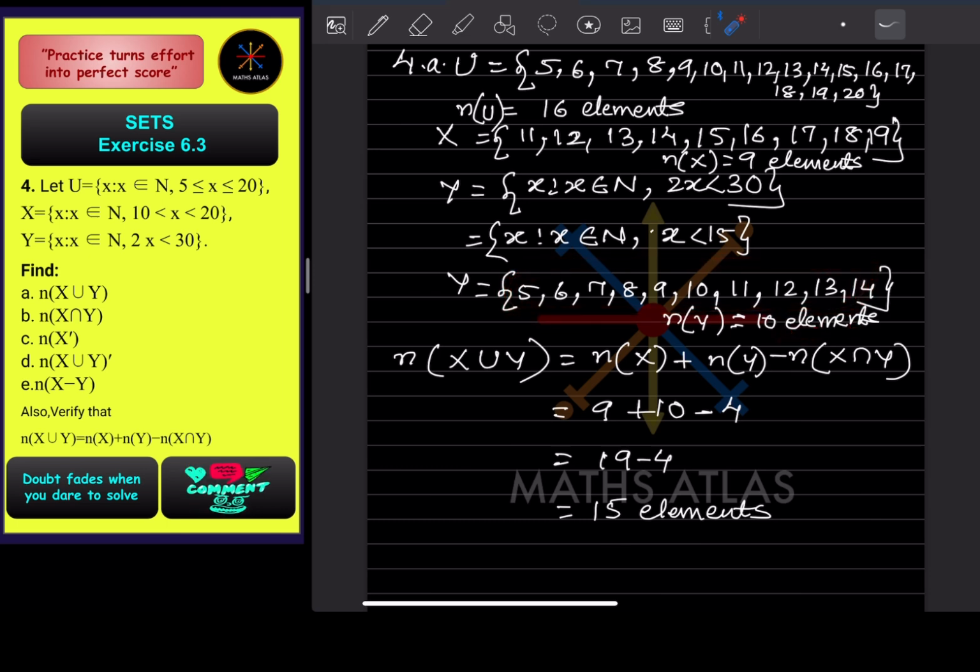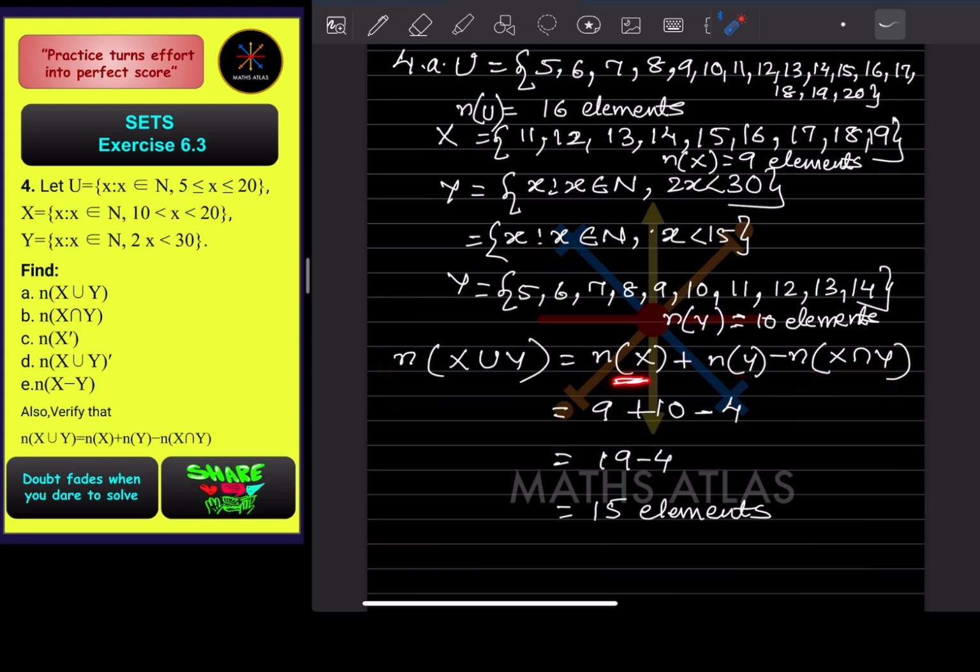Now you have to find n of x union y. Now you got all the values. So this is x and this is y. So n of x union y will be, there is a formula for that, n of x plus n of y minus n of x intersection y.